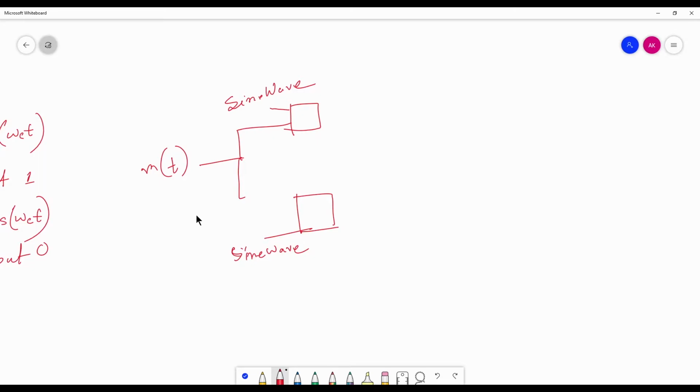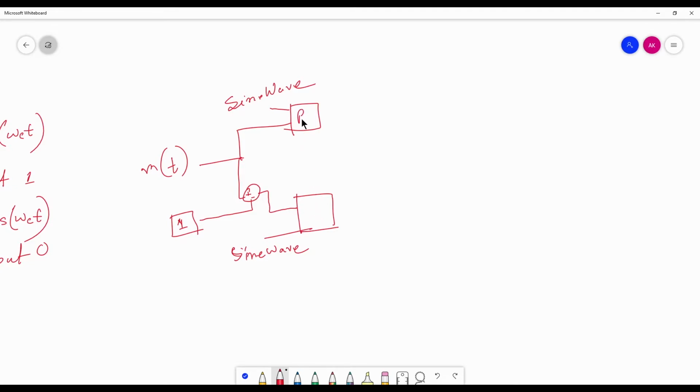So how can we do that? If we subtract the constant 1 from this signal, we get the negative version of the data, and then we put it in this sine wave, actually the product.